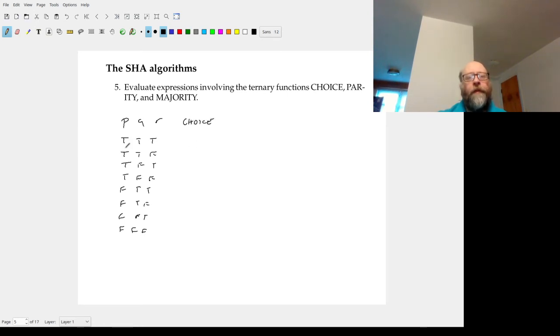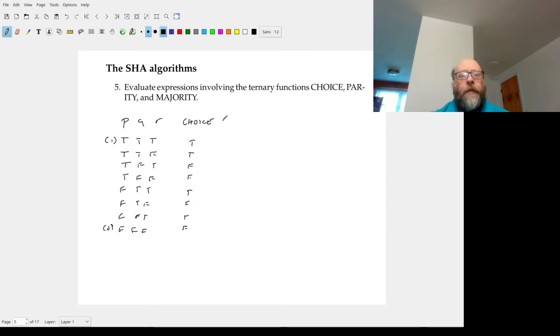So for choice, what we're asking is, which do we choose here? If P is true, then we choose Q, and so we get true, true, false, false. If P is false, then we choose R instead, and we get true, false, true, false. True would often be 1, and false would often be 0, by the way. I'm just using true and false here.